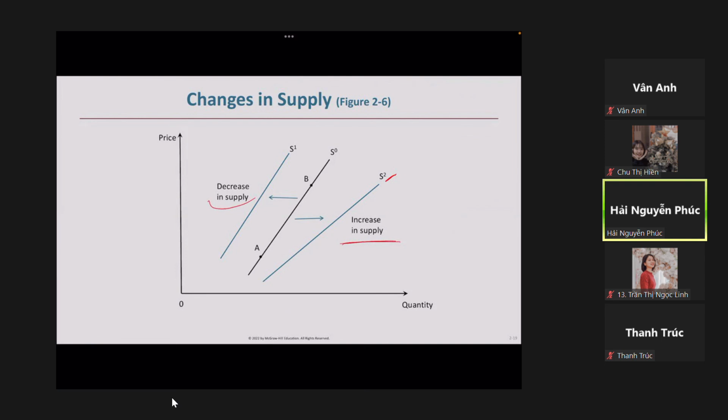Let me give you some examples. What can lead to an increase in supply? For example, if the price of input goes down. If we have a technology improvement, it will increase the supply, right?